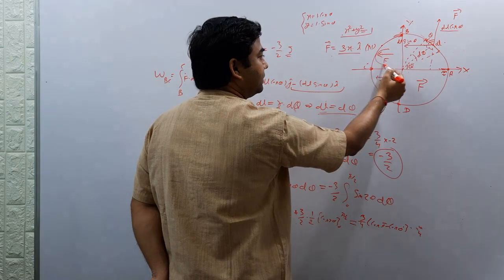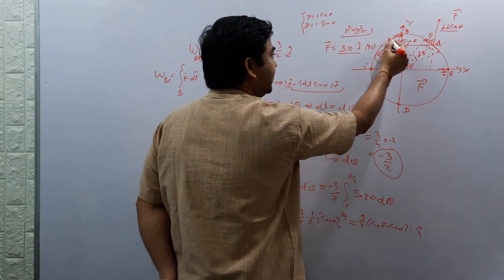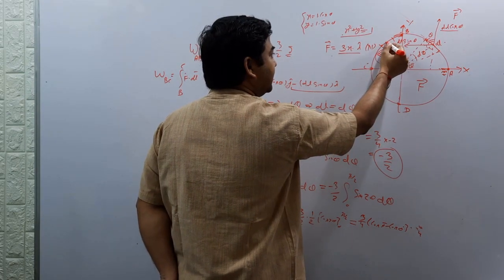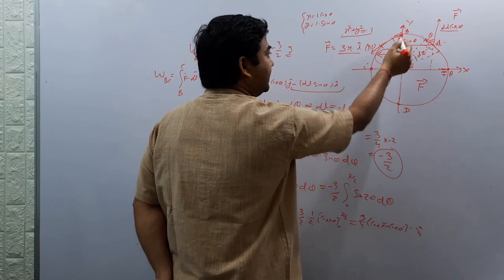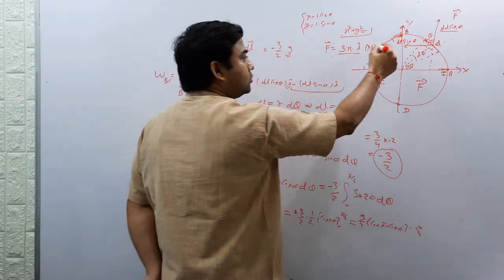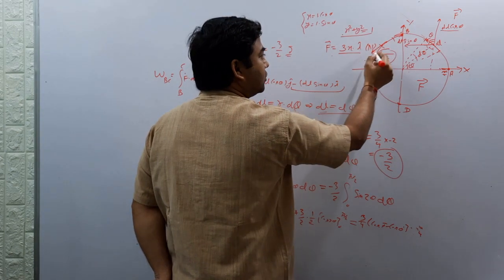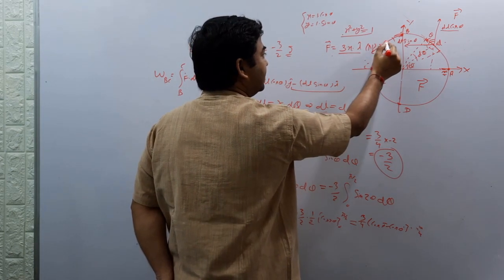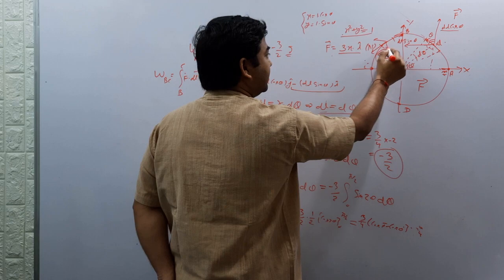This is the direction of F, and this is vector dl, anti-clockwise we will take. When you divide vector dl into components, it will be in this direction and in the vertical downward direction.